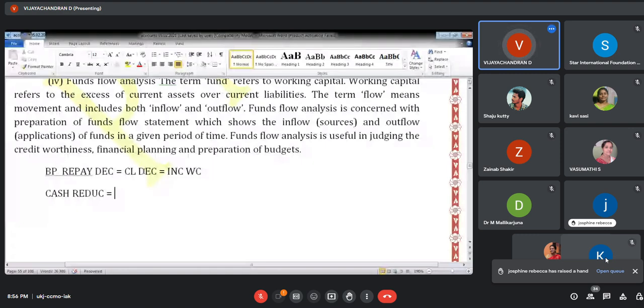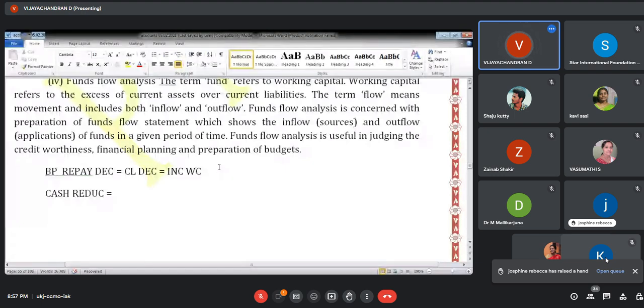What is working capital? The fund required for day-to-day operation, like grease, oil, wages, raw material, all come under working capital in order to operate the business. It's the reverse of fixed capital. Fixed capital is machinery; you buy machinery and the benefit will be more than 1 year.